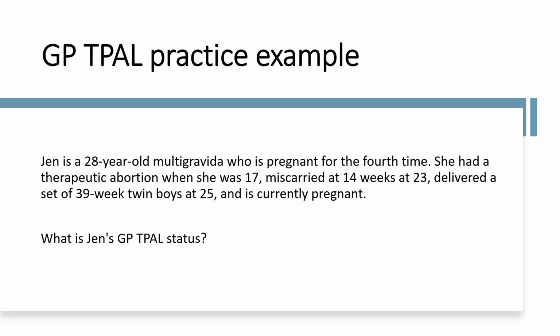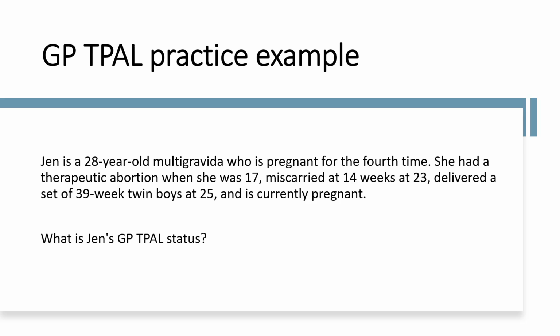All right, so let's do a sample here. Jen is a 28-year-old multigravida who is pregnant for the fourth time. She had a therapeutic abortion when she was 17 years old, miscarried at 14 weeks at 23, and delivered a set of twins at 39 weeks, both boys, at the age of 25 years old, and she is currently pregnant.